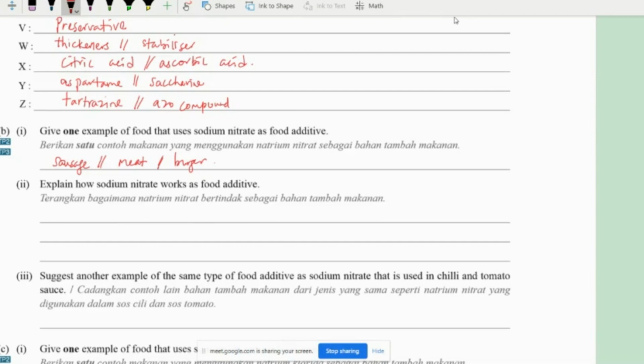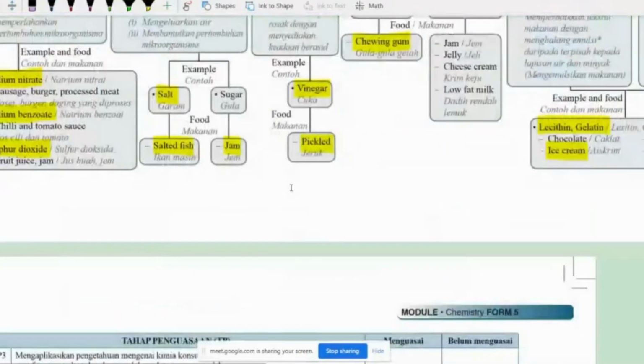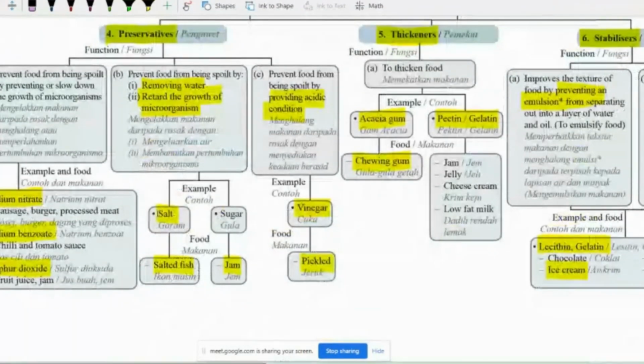It slows down the growth of microorganisms. And actually, if you look into the notes just now, yes, sodium nitrate slows down the growth of the microorganism.